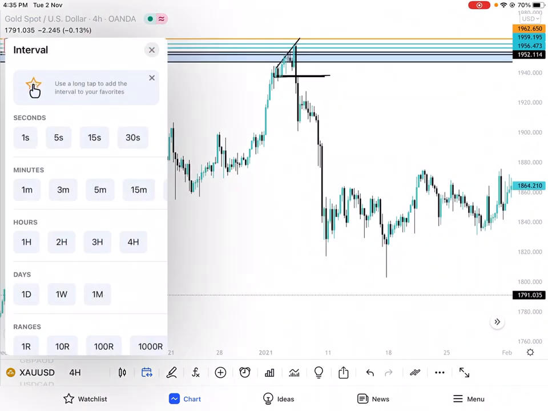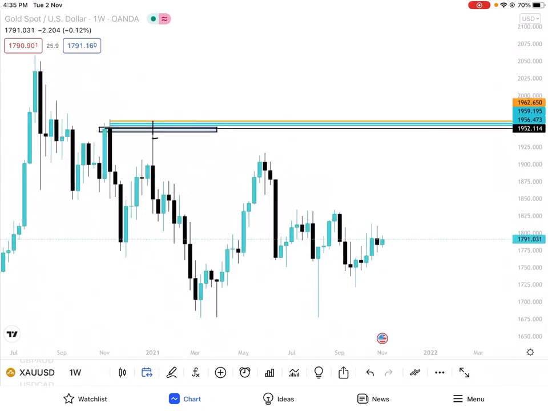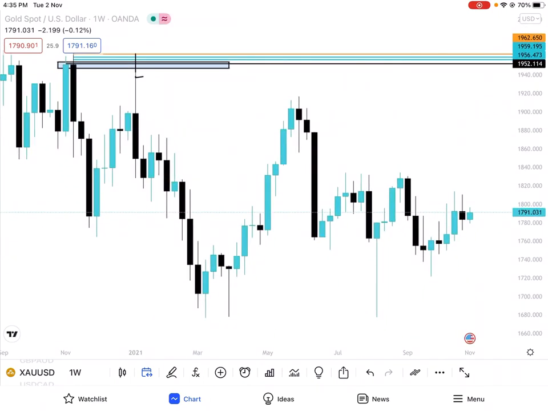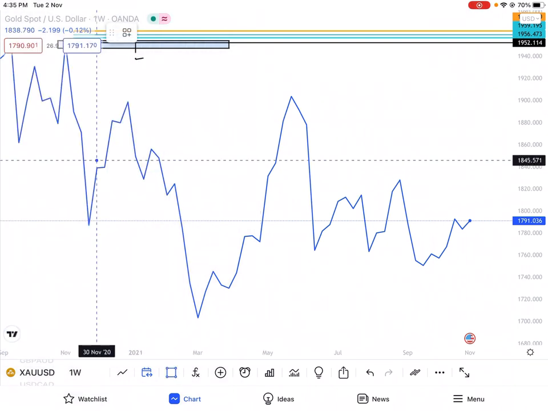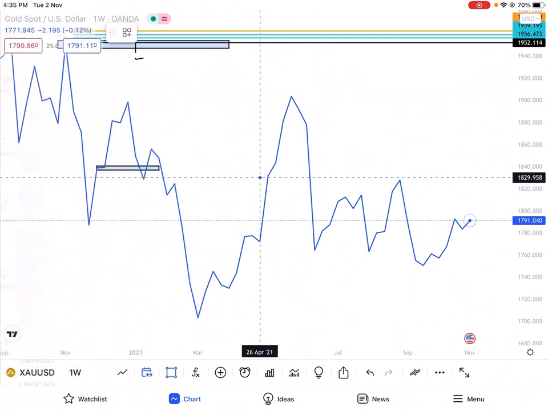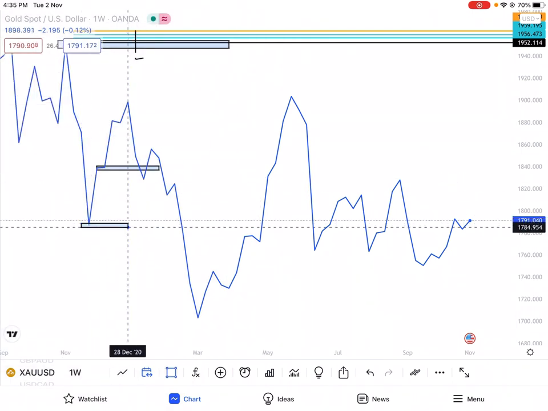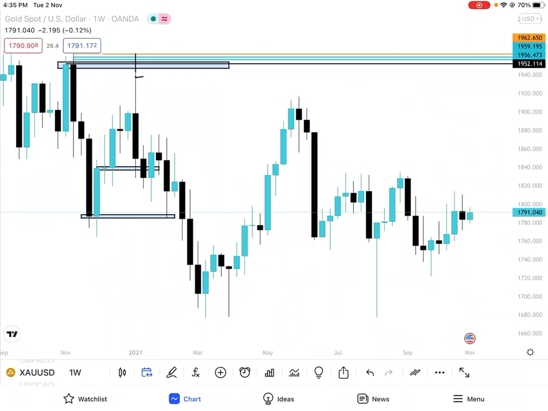So the weekly storyline is weekly to weekly. We have the first zone here, and another one here, as you can see.